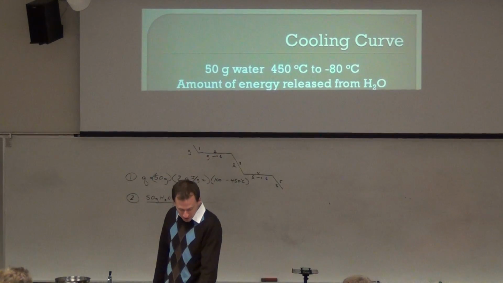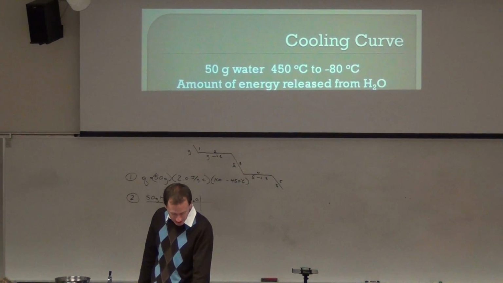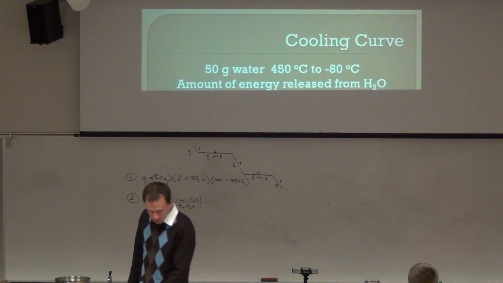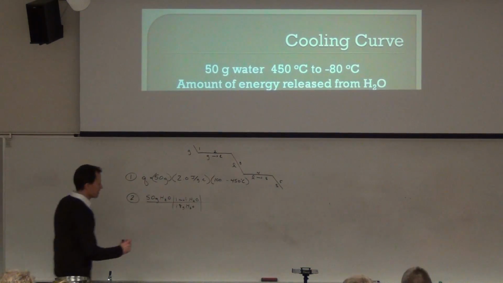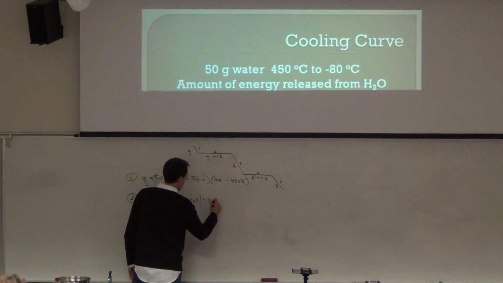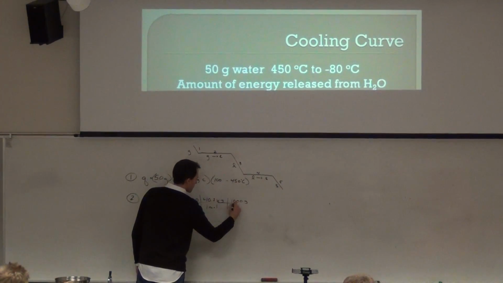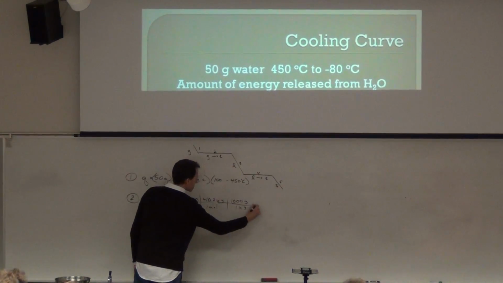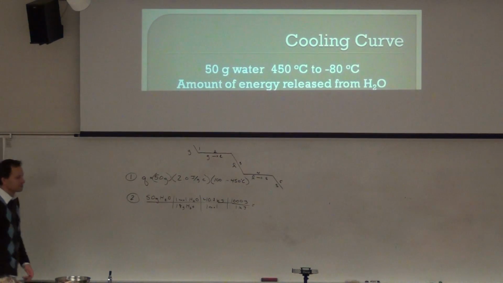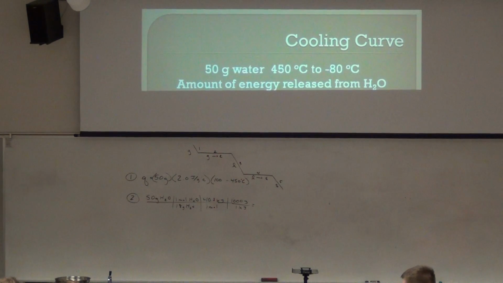So this should be the larger value because it takes more energy to separate or condense. So it's 40.7 according to your sheet. And then I'm going to put it into joules. What is that? 4.40? It's on your sheet too. You can get your homework sheet out.